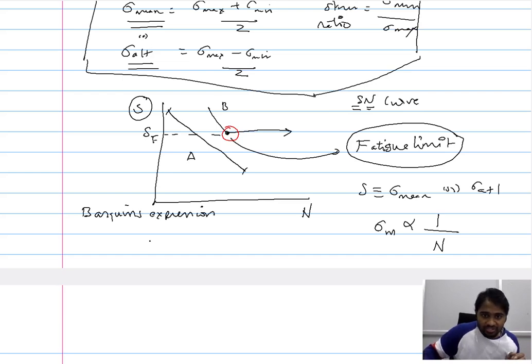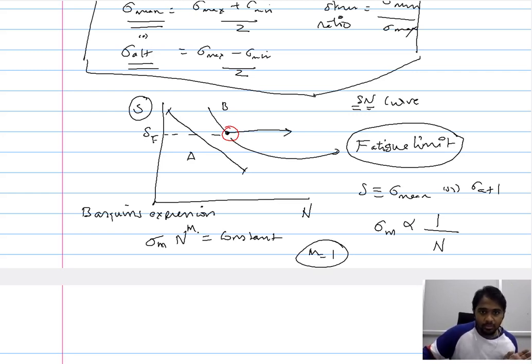wherein the stress, so this could be mean stress, any stress, is related to the number of cycles by a constant. So since what you have is an inverse relation, when you bring this here, all that is left on the right hand side is a proportionality constant, and therefore to be accurate, there is an exponential term added here. This exponent can be 1 or slightly different from 1. To be more precise, you can fit the curve using this exponent as well.